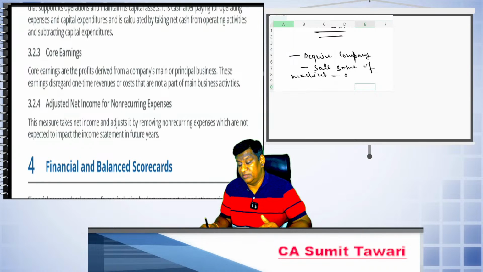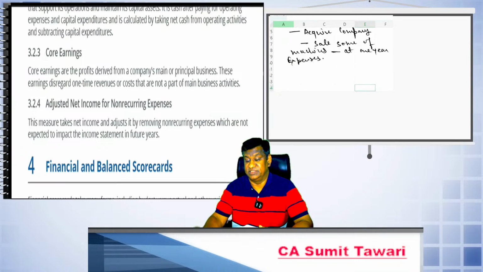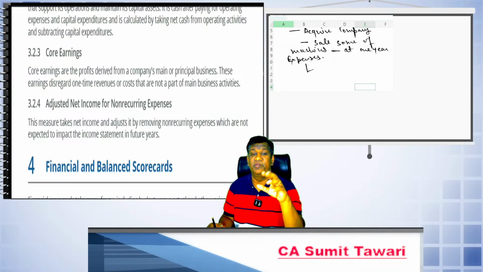Say, this may generate one year's entire expenses, and all the machines are 100% depreciated.